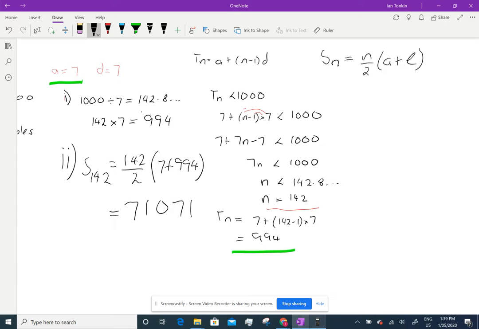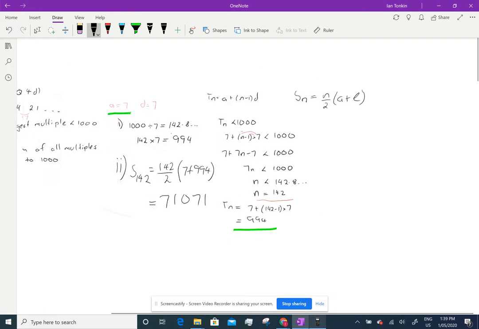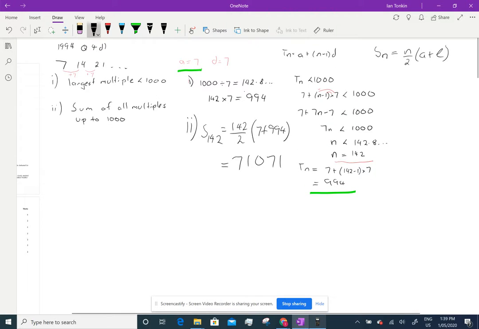And I've just got the answers in front of me. I've got the old HSC. What was this? Question 4D. And there we go. They're both correct.